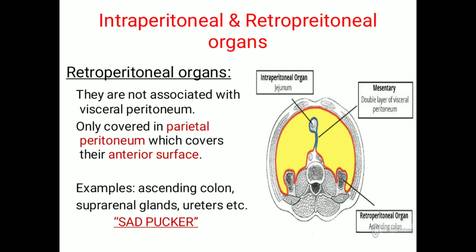S stands for suprarenal glands, A for aorta or IVC, D for duodenum, P for pancreas, U for ureters, C for colon, ascending and descending part of the colon, K for kidneys, E for esophagus, and R for rectum. So the easiest way to remember the retroperitoneal organs is SAD PUCKER.